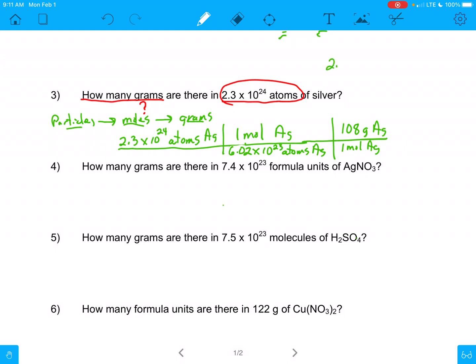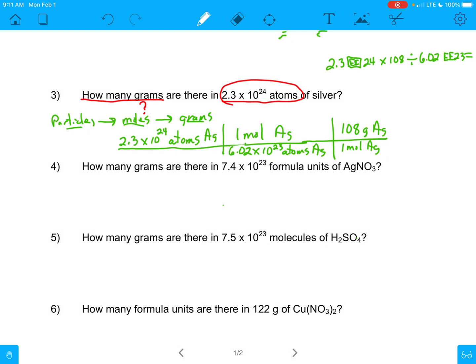So if I were to punch this into my calculator, it would look like this. It would be 2.3, my EE key, EE24, times 108 divide by 6.02 EE23 equal button. And if I were to do that, I would get my answer. So let me pull up my answer here real fast.